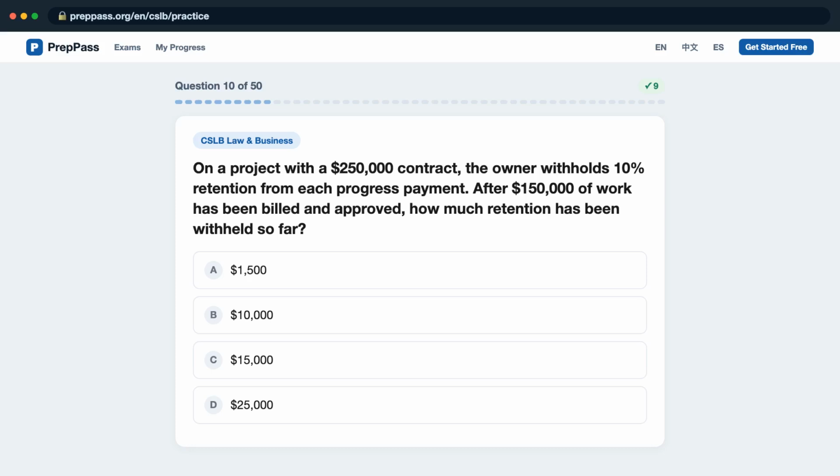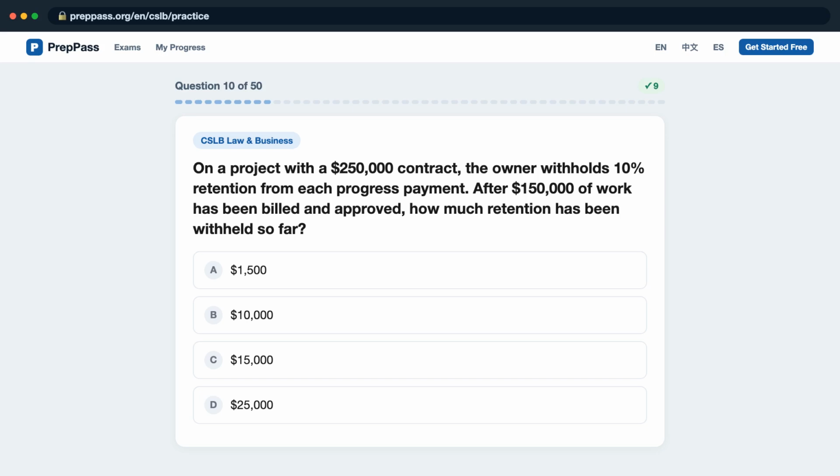Question 10. On a project with a $250,000 contract, the owner withholds 10% retention from each progress payment. After $150,000 of work has been billed and approved, how much retention has been withheld so far? Is it A, $1,500? B, $10,000?